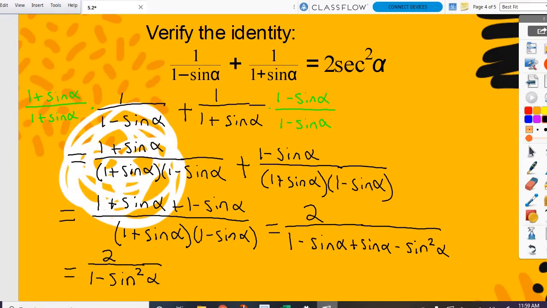So we know that this becomes 2 divided by cosine squared of alpha. And what is 1 divided by cosine squared of alpha?